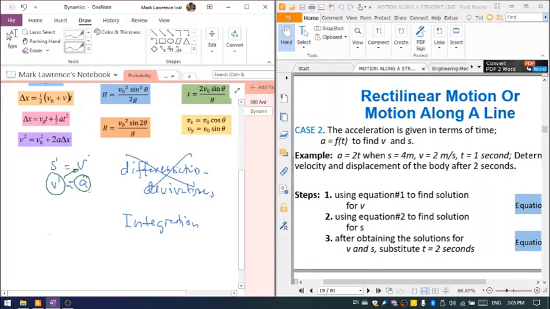And if we're going to get the displacement, we will integrate s prime, and then we're going to get s. Basically what I'm saying is, you have to remove the prime, and to remove the prime, you will do integration.